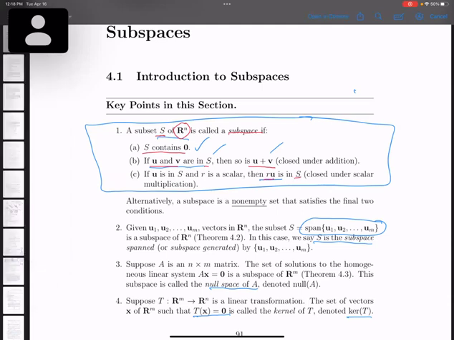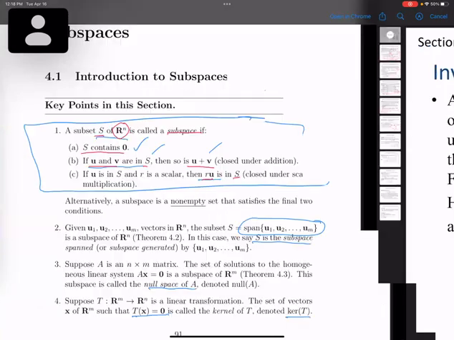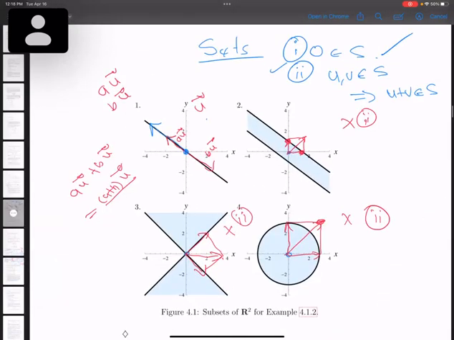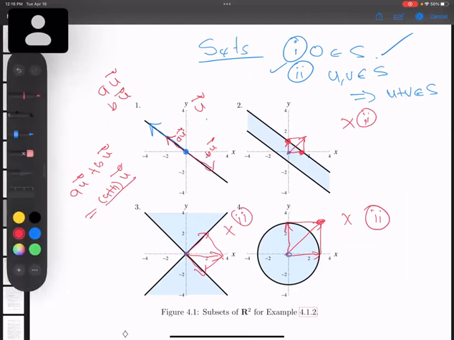Okay, so in practice, what does it mean? I give you subsets 1, 2, 3, and 4 of R2. First condition: 0 belongs to the sets. So 0 belongs here, here, here, and here.